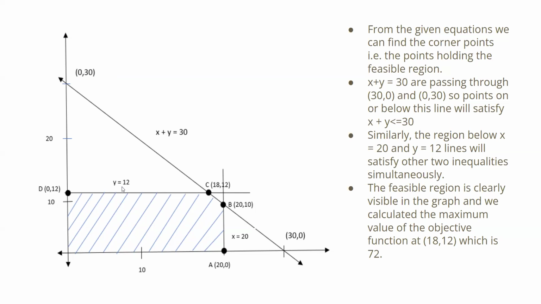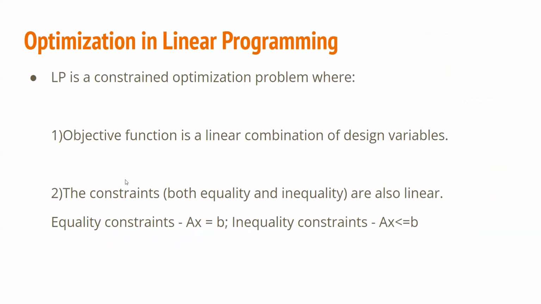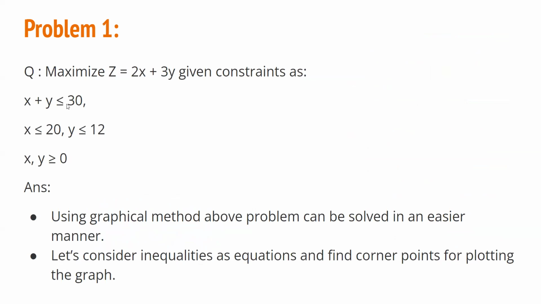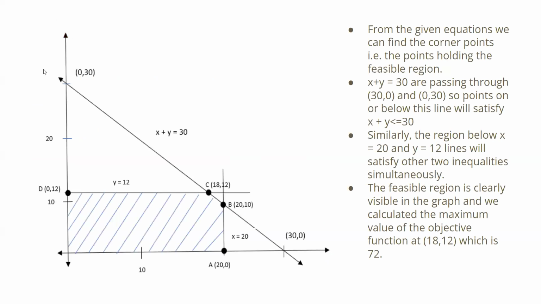So to simplify it, take the inequality x plus y less than or equal to 30. To draw any kind of line, forget the inequality sign and just consider this as a simple equation, x plus y equal to 30, and then draw this line.